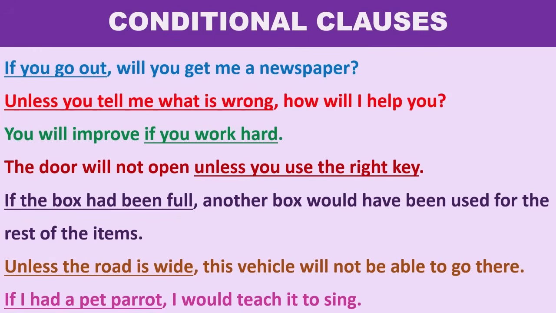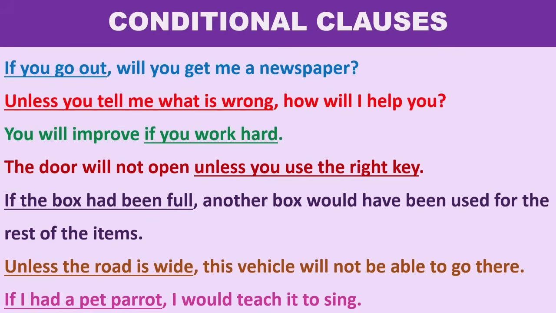This condition is indicated by the word if or unless. That is the conjunction, because a clause requires to be joined to a sentence using a conjunction. I have done an entire video on conjunction which you can go and watch once more.